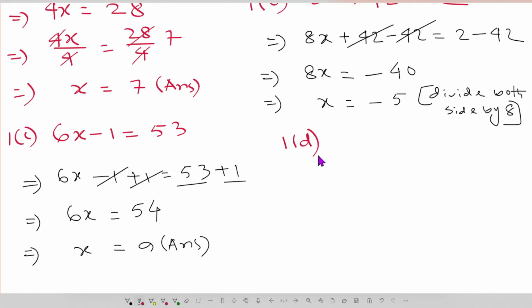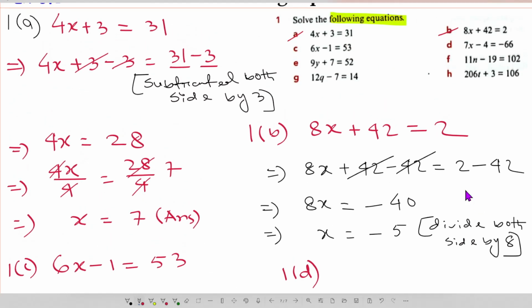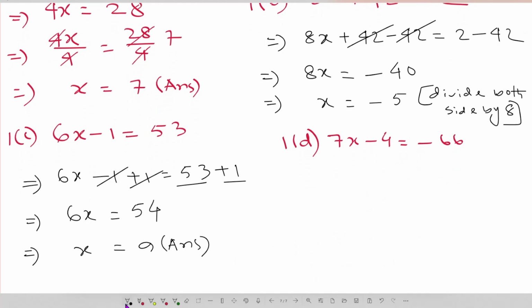1d, 7x minus 4 equals minus 66. So here, 7x minus 4, we can add 4, equals minus 66 plus 4.